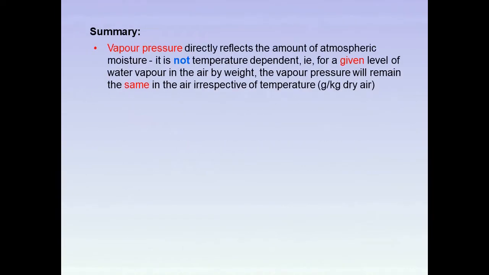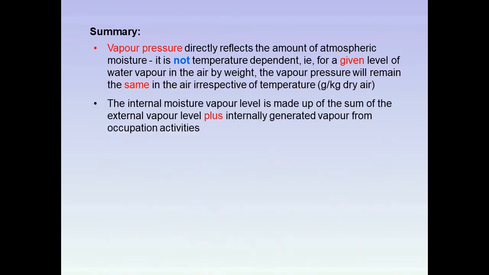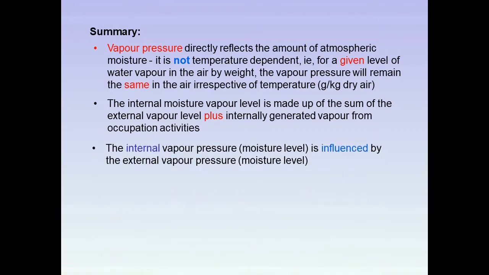So to summarize, vapour pressure directly reflects the amount of atmospheric moisture. It is not temperature dependent. Thus, for a given level of water vapour in the air by weight, the vapour pressure will remain the same, irrespective of temperature. The internal moisture vapour level is made up of the sum of the external vapour levels plus internally generated vapour from occupation activities.